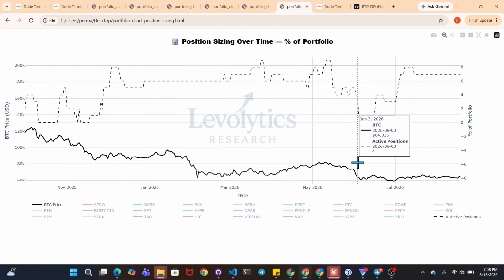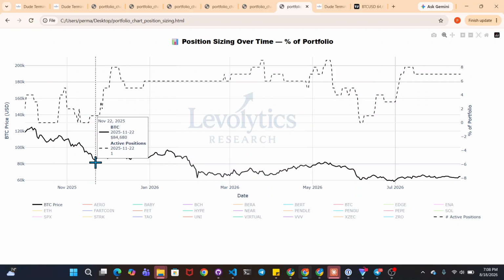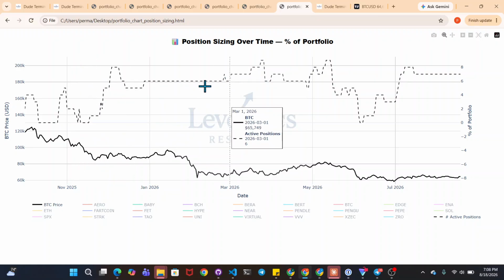So at the BTC Pico bottom around 60K is when I went completely flat, right? Otherwise, I was completely flat for the most part, going all the way down to the first bottom around 85K around Thanksgiving. But since then, despite sitting in a cash-heavy portfolio positioning, you can see that I'm still holding stuff, right?